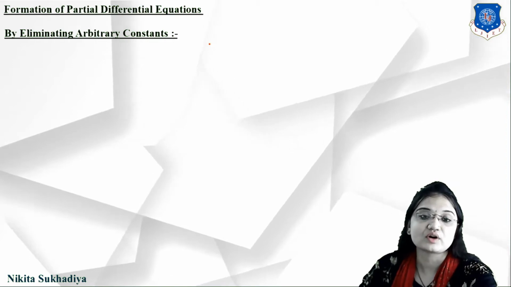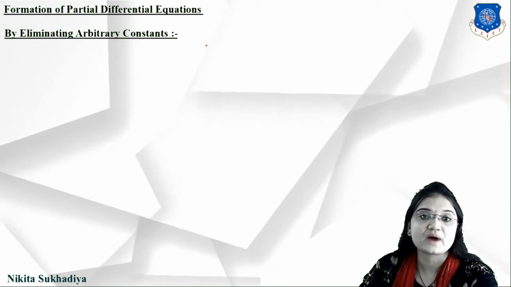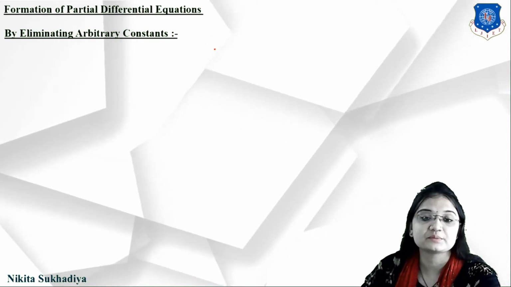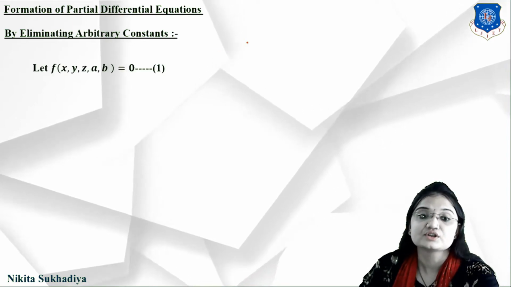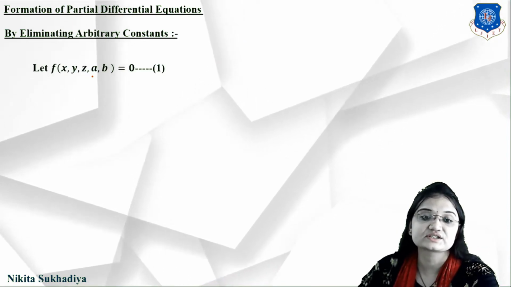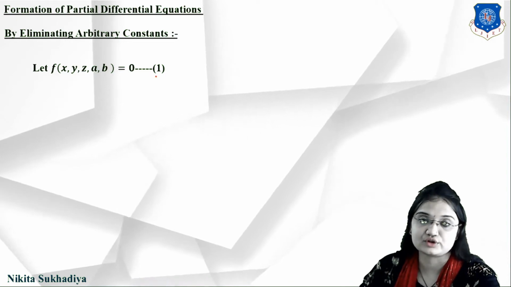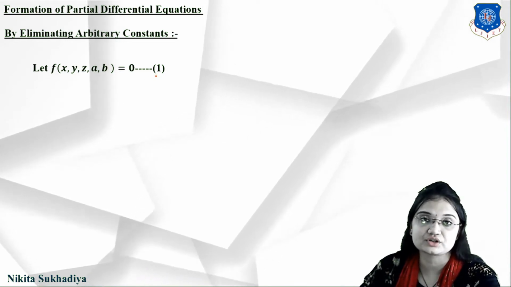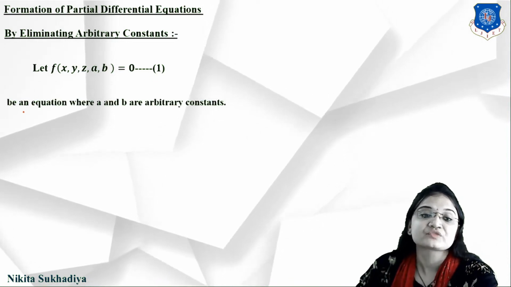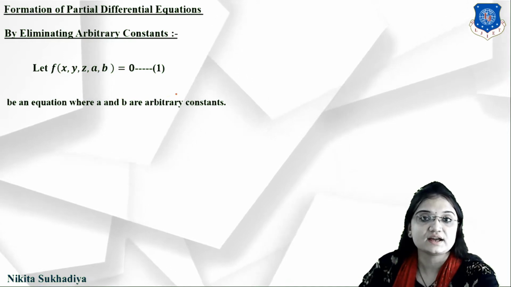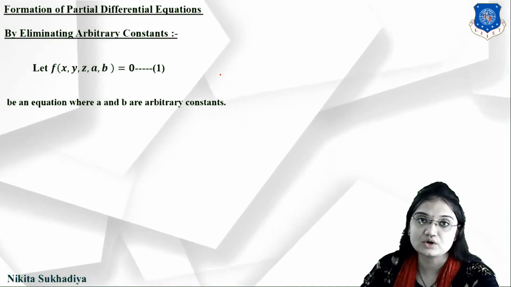So what is the procedure to form the partial differential equation by eliminating arbitrary constants? Let the function f of x, y, z, a, b is equal to 0. This one is our equation number 1, where a and b both are arbitrary constants.